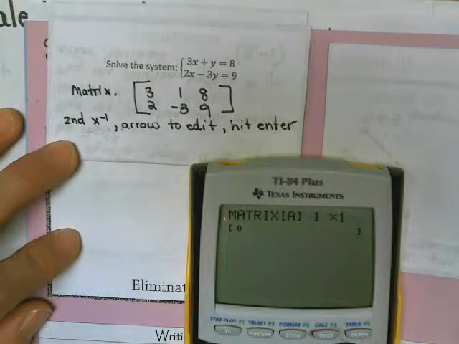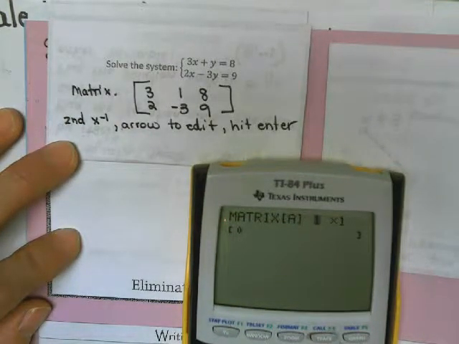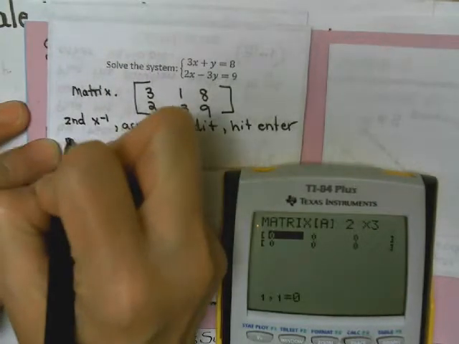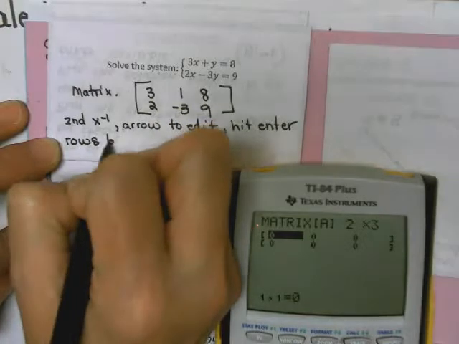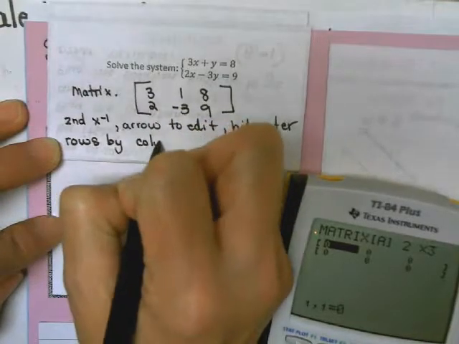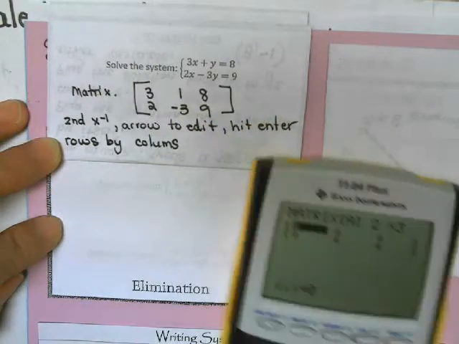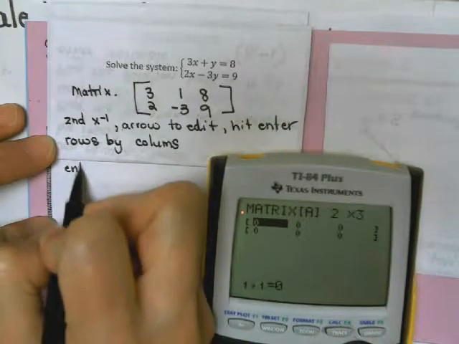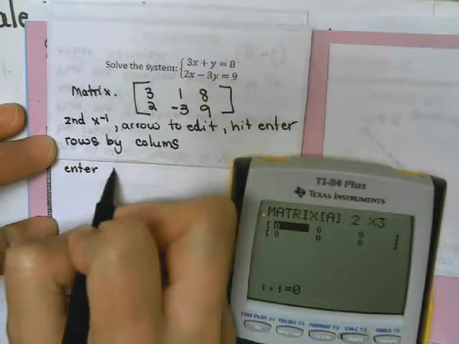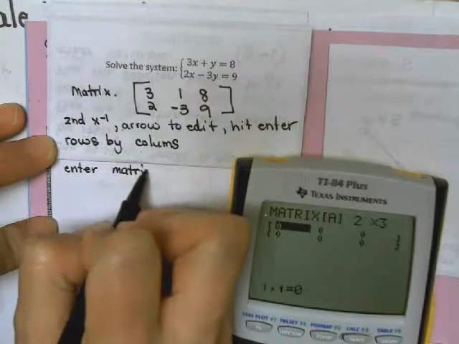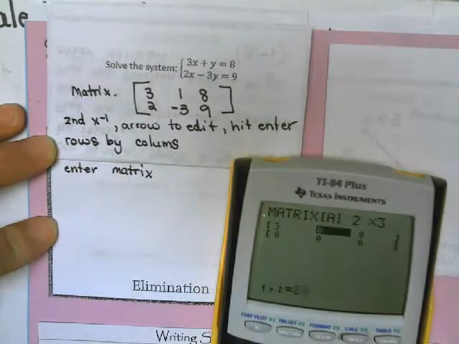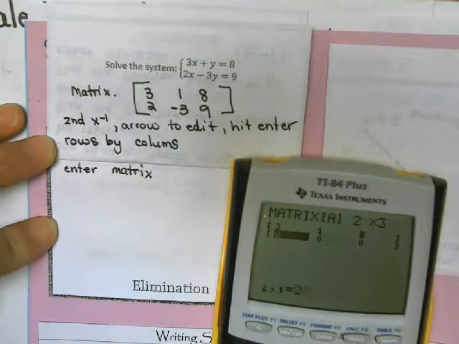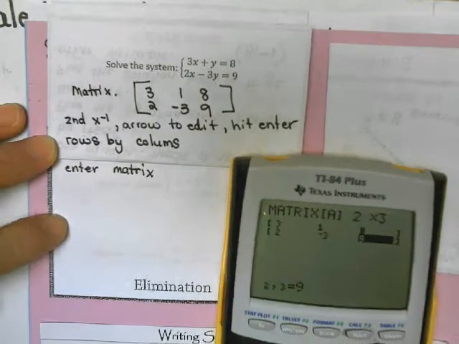Then I enter my rows by columns. So it is a 2 by 3. And then enter the matrix that you wrote above. So 3, 1, 8, 2, negative 3, 9.